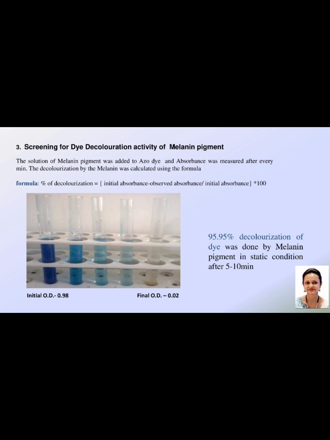The initial OD was 0.98 and the final OD was 0.02. As a result, 95.95% decolorization of the dye was done by the melanin pigment in static condition after 5 to 10 minutes.